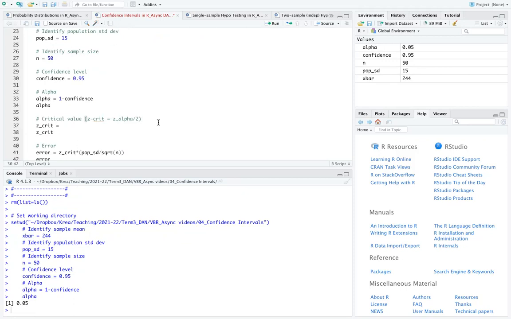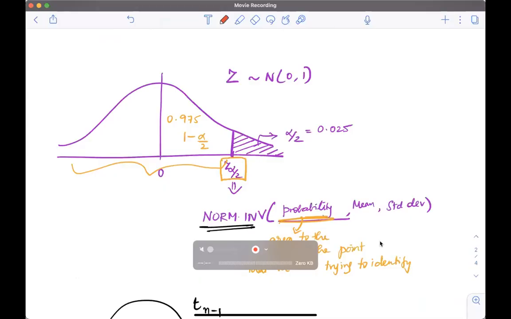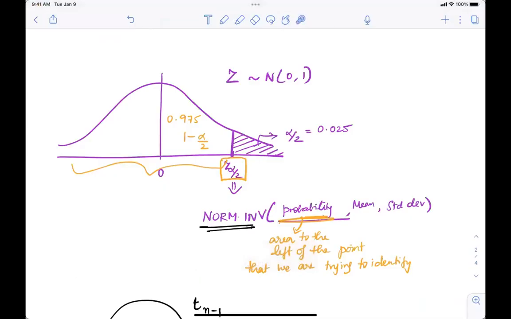So if we put down a standard normal distribution, let me see if I can pull up my screen. Give me a second. Let me show you my screen. There we go. So we want to find z alpha by 2 such that the area to the right of that point is equal to alpha by 2.